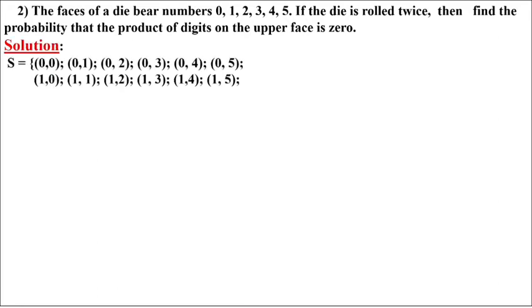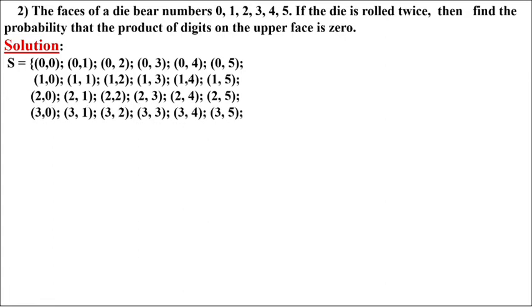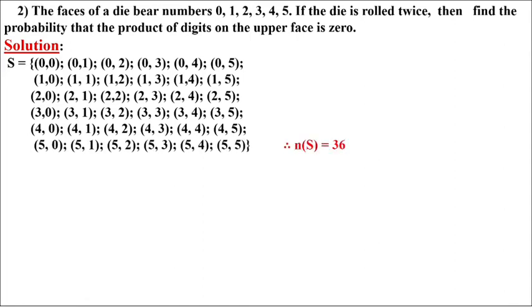Product means the multiplication of the digits will be 0. So first of all, we will make the sample space. Total 6 digits are there, and 6 multiplied by 6 is 36. It means the number of samples is 36.